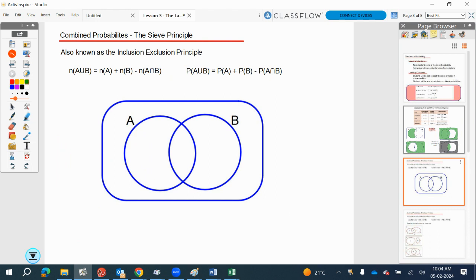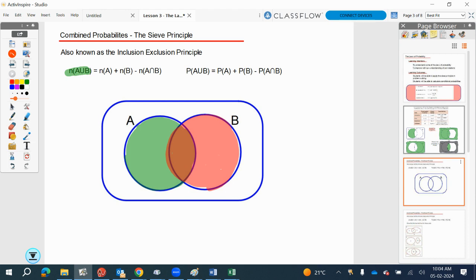If I want to shade A union B, I can shade A. If I then shade B, I shade this. So this is A plus B. Now notice I shaded the intersection here in the middle twice.